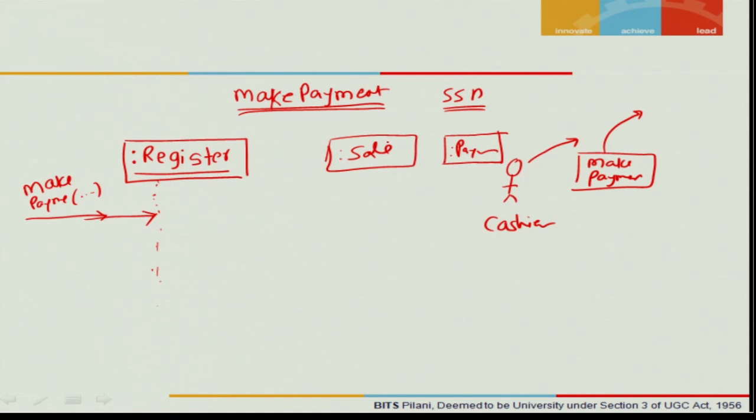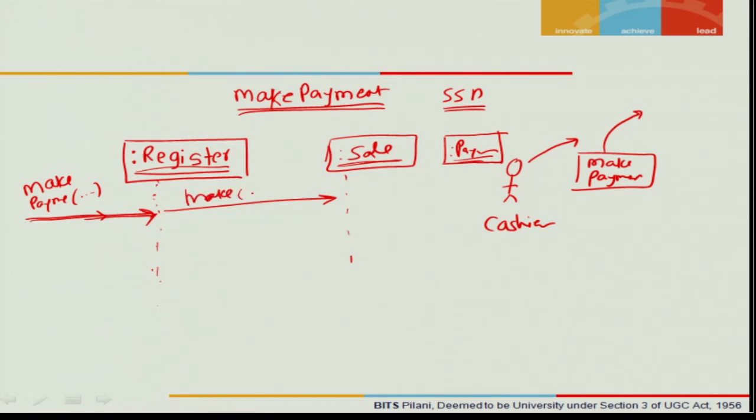So in this scenario, which objects within the system contribute in the make payment interaction diagram? It will be register, which is interacting with the outside world. It will be sale, which will be representing the sale transaction, and it is payment which is representing a payment transaction. So make payment will be coming from outside, then make payment will actually be going to sale.